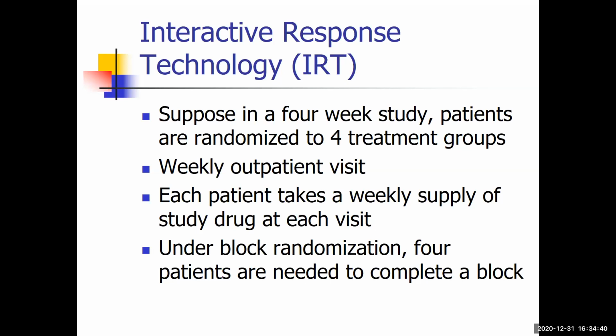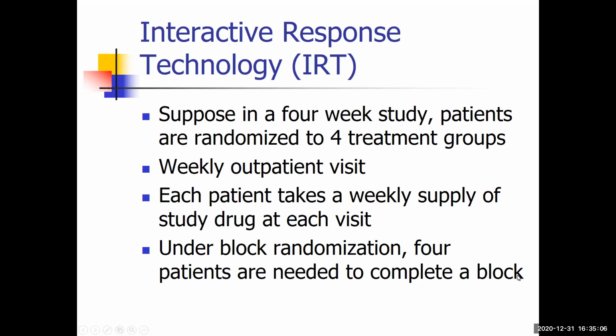What do I mean by static? If I do a block randomization, I can set up a randomization list ahead of time before I start the clinical trial. I can have this whole list of patient 1 is A, patient 2 is B, patient 3 is B, patient 4 is A, whatever.